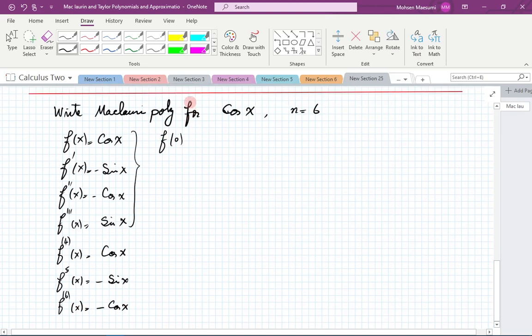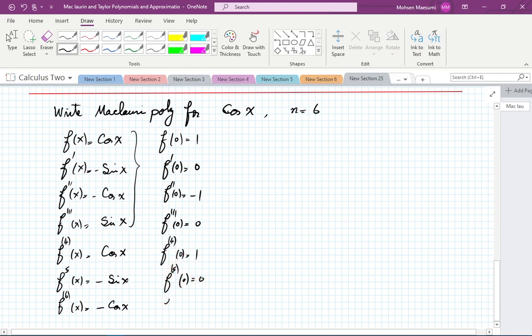At 0 it is 1, f prime of 0 is 0, f double prime of 0 is minus 1, triple prime at 0 is 0. Then we repeat. Fourth derivative is 1, fifth derivative is 0, sixth derivative is minus 1.